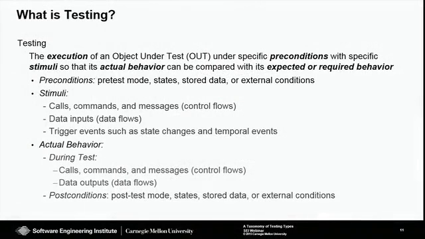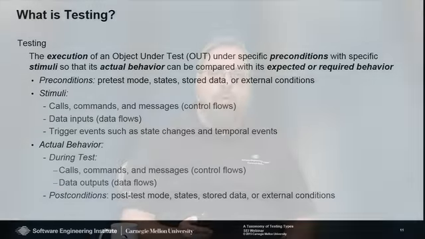Before you execute it, you put it into a certain known state under certain preconditions. You're going to stimulate it with certain inputs, and then you're going to take a look at the actual behavior of the object under test and compare it to what you expect, what the Oracle says the behavior should be.